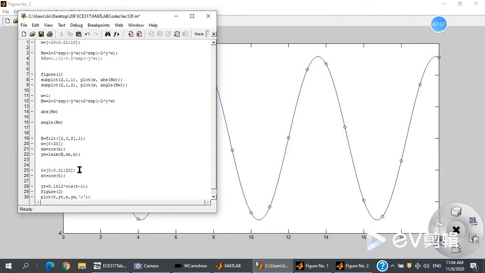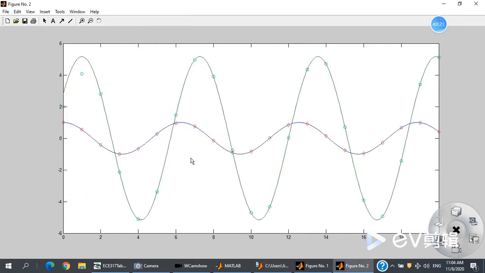Original x. If you want, you can also put xn. Oh, I already have x. This is xt. So if you want, I can also plot t and xt, then t and yt, then n and xn. I use a diamond for x. Alright, like this.